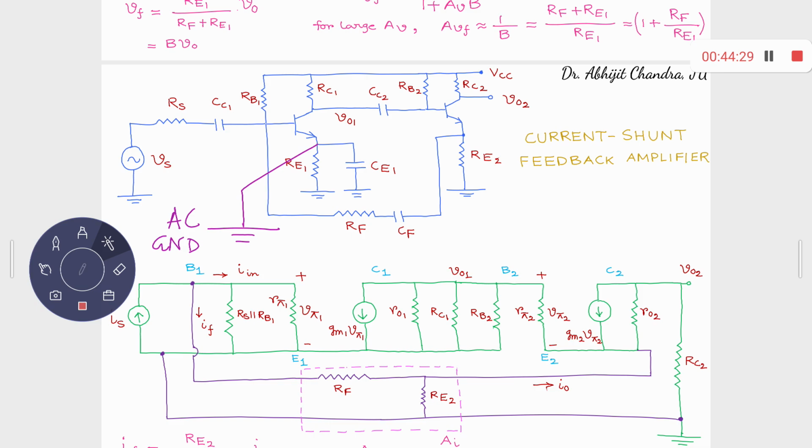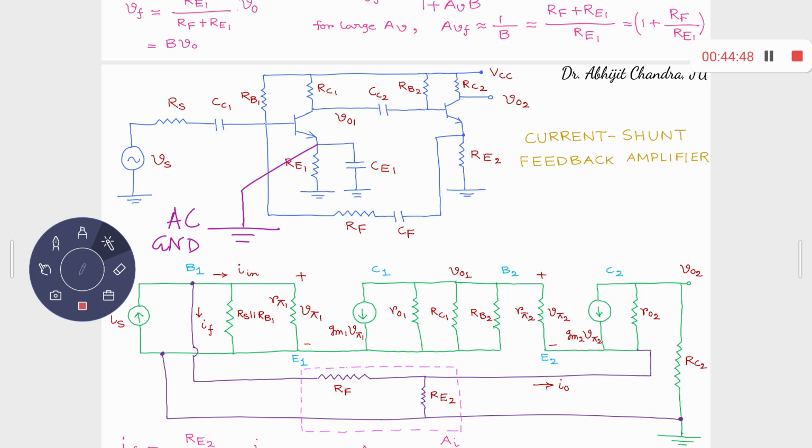What else? RF. Now it's a shunt mixing. Since it's a shunt mixing, that means we are mixing the current. So it is easy to analyze the input side as a current amplifier. So instead of having the VS-RS combination, let's have an IS-RS combination.